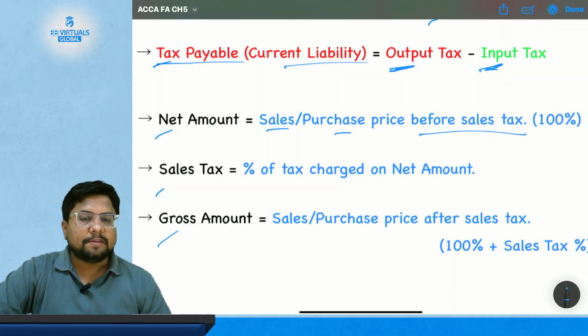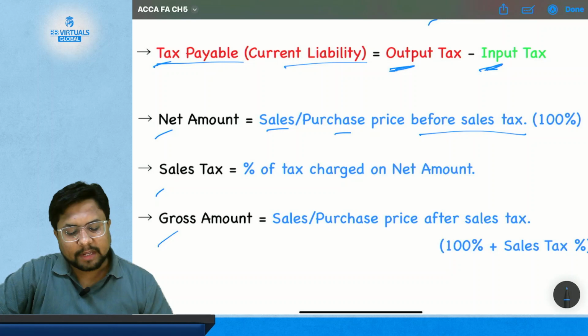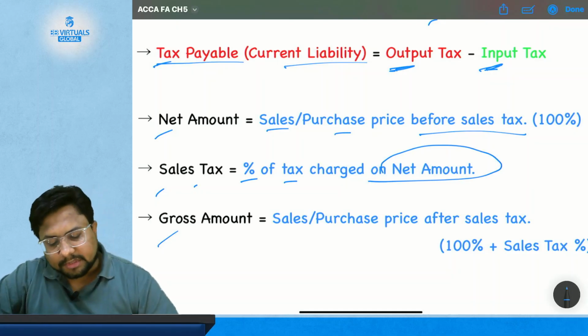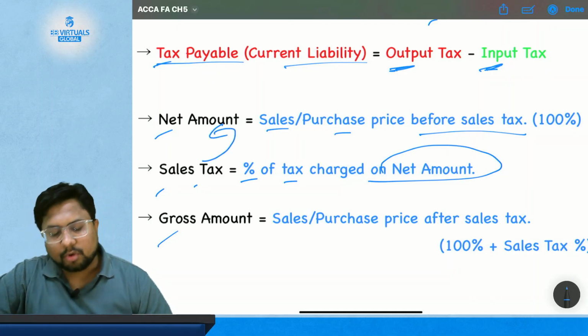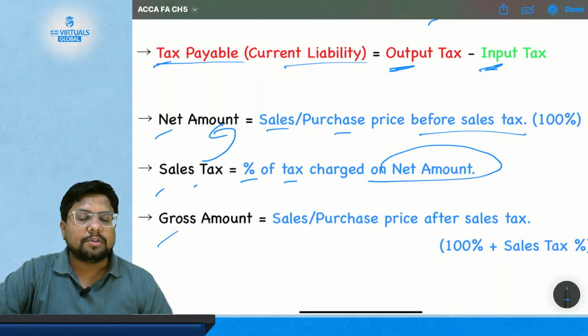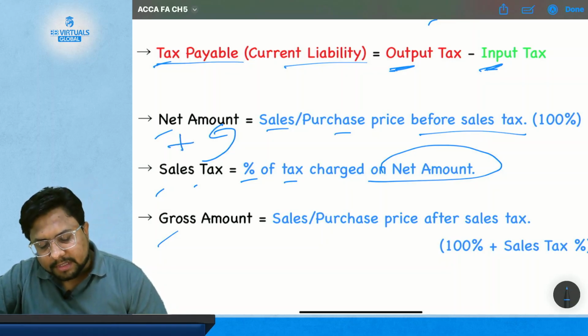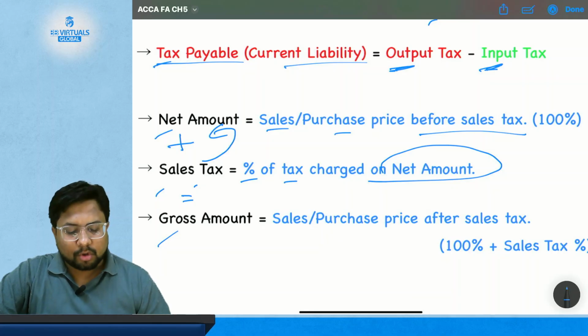So any price before charging the sales tax is your net amount. Then comes sales tax. It is the percentage of tax charged on the net amount. Sales tax will be charged on the net amount, and net amount plus sales tax is equal to the gross amount.